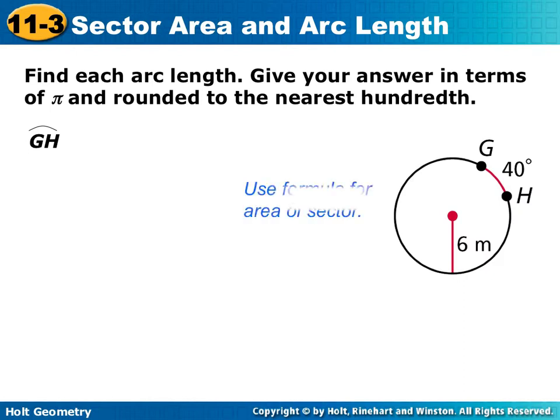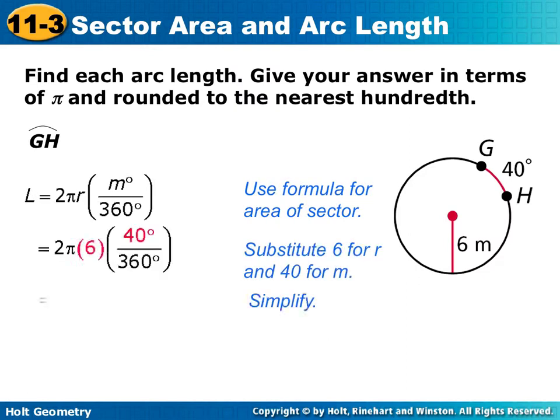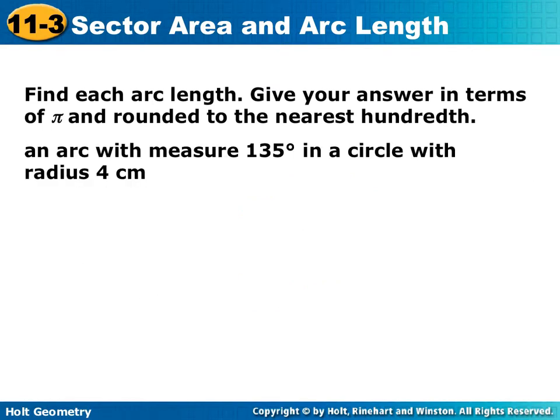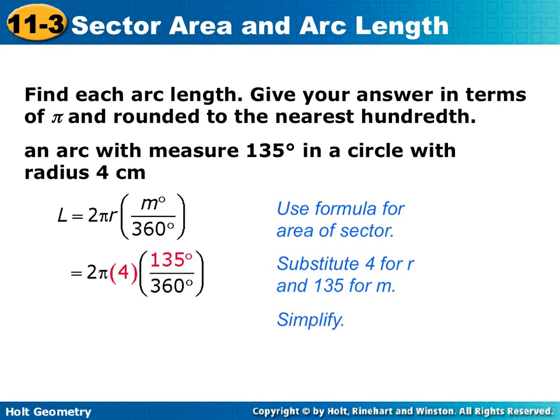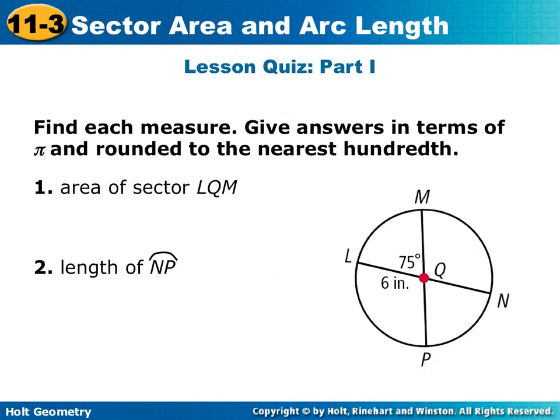Answers? 4.19 to the nearest hundredth? All right. Any question coming up with those? Those calculate pretty easily. Now, those formulas are right above me here. The length of the arc, fraction times circumference, 2 pi r, and below it, the fraction times area, gives you the area of the sector. So those formulas are real close with the fraction. Make sure you're doing the right one at the right time.